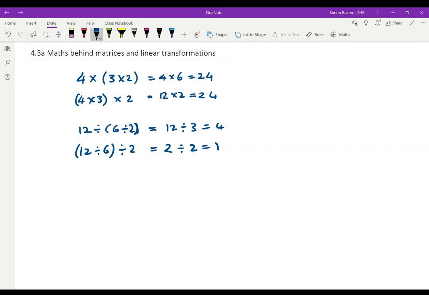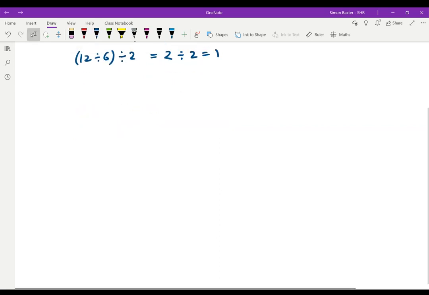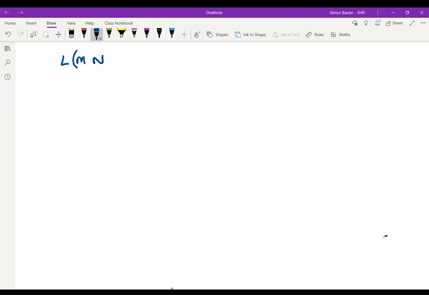Well, when we start talking about matrices, can we do the same thing? If we have three matrices, L, M, and N, does it matter whether we do M times N first or L times M?